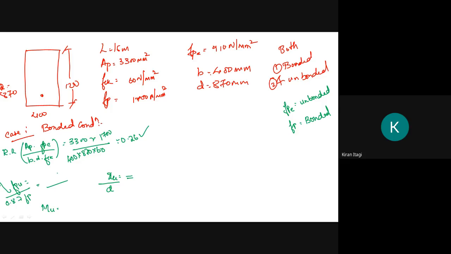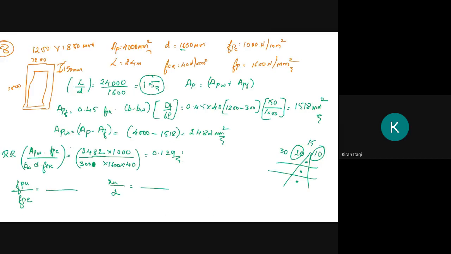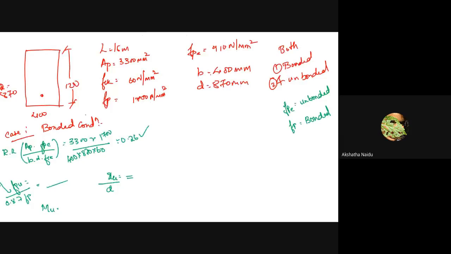Be fast. XU by D ratio is 0.564 and that of FPU is 1. Test ratio 1.